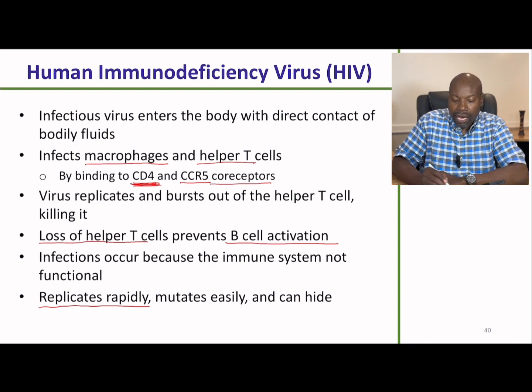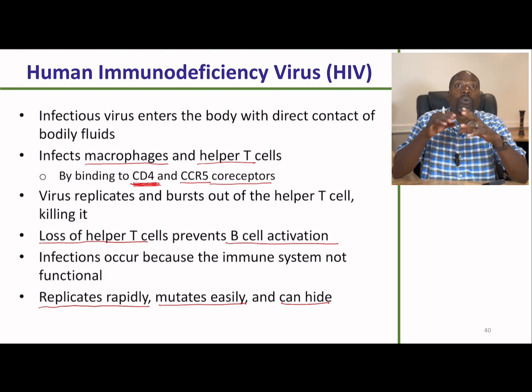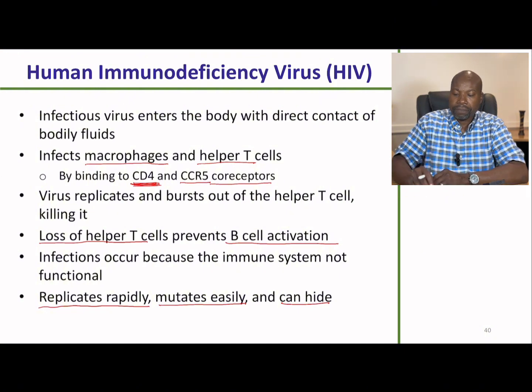These viruses have this bad habit that they are going to mutate easily, and they can also hide. Where do they hide? They are hiding within our own cells, within the host cells.